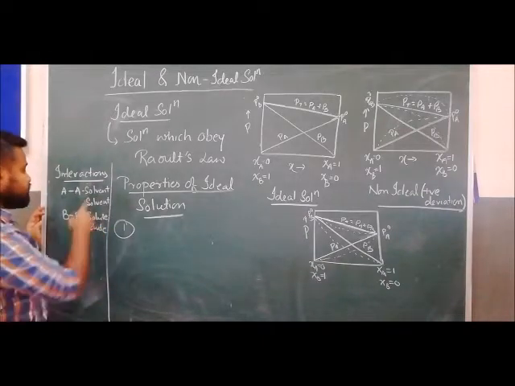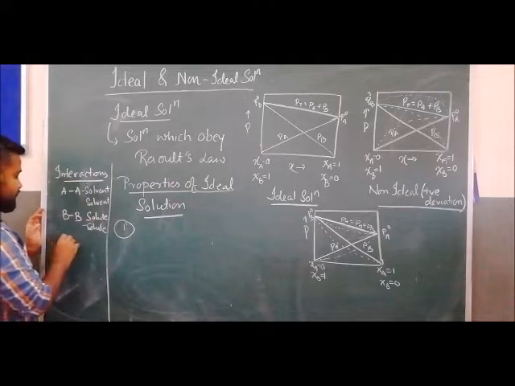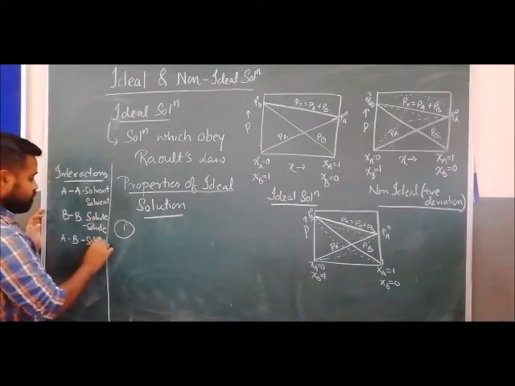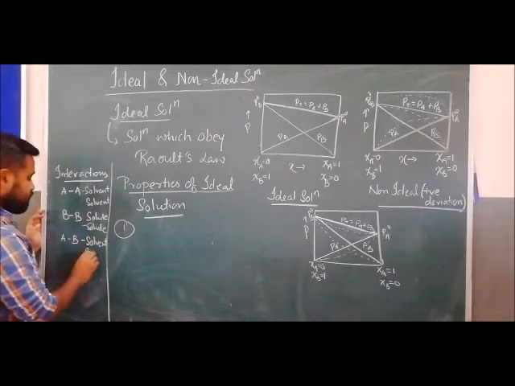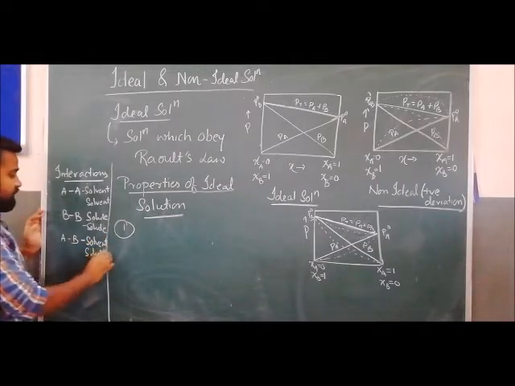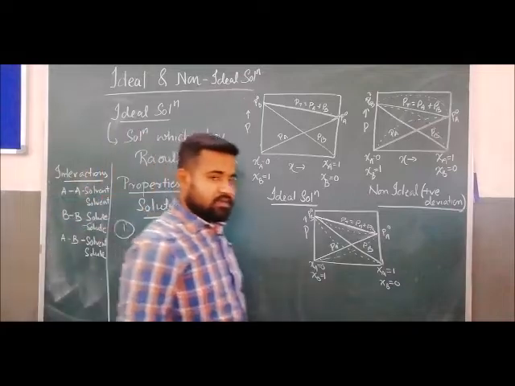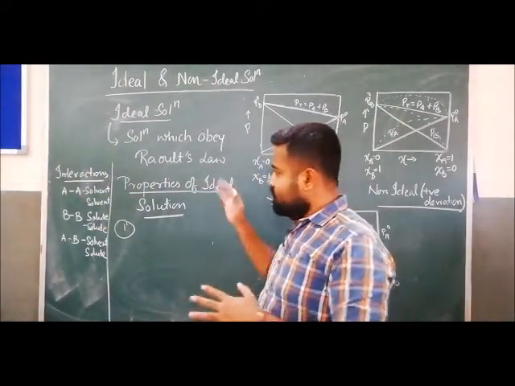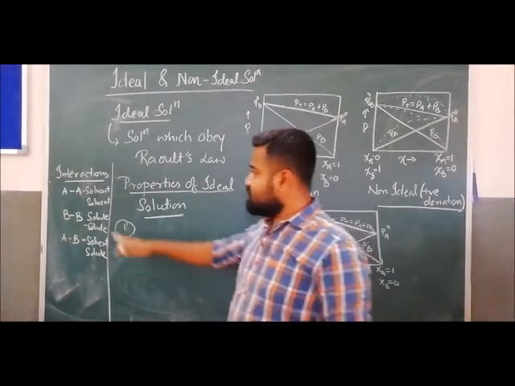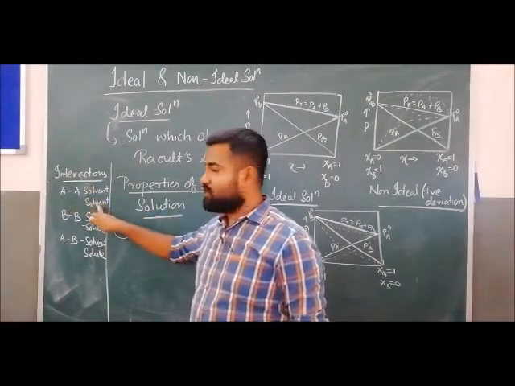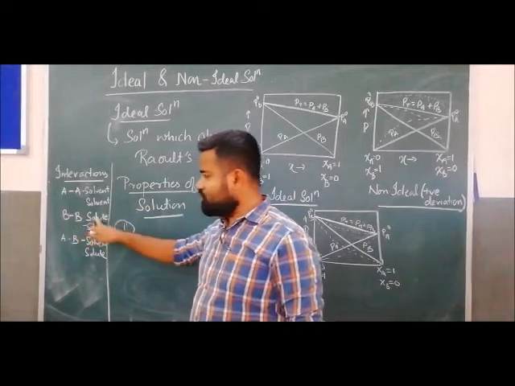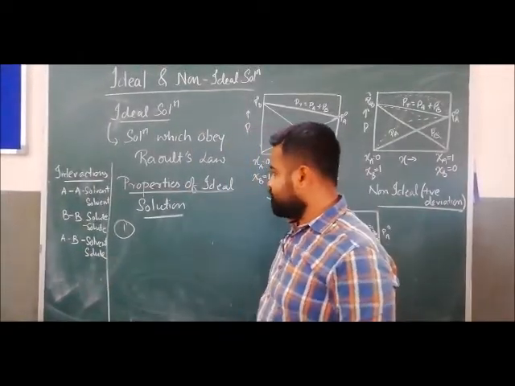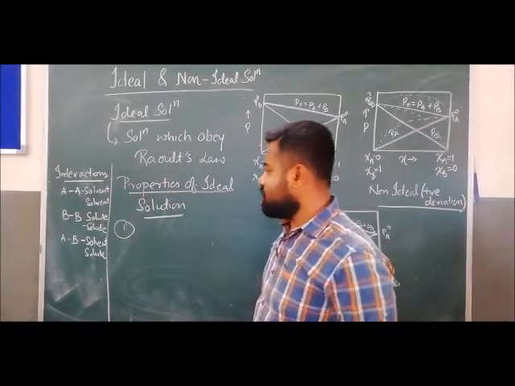And when we are mixing solute and solvent, then the AB interaction, that is solvent and solute interaction. Clear? So there are three types of interaction in a solution mixture: AA solvent interaction, BB solute interaction, and AB solvent-solute interaction. So what happens in an ideal solution?